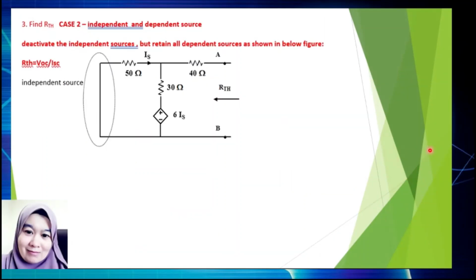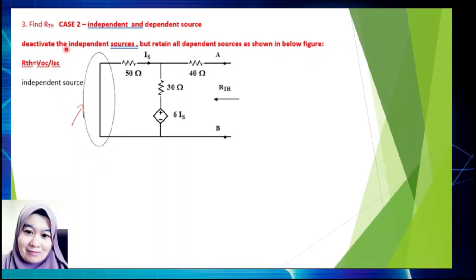Okay, next you need to find RTH. In this case, you need to deactivate the independent source. So you just keep all the dependent sources as in the figure. Since this is a voltage source, we need to put wire, so it will be short circuit here.